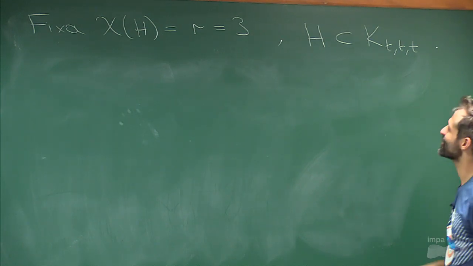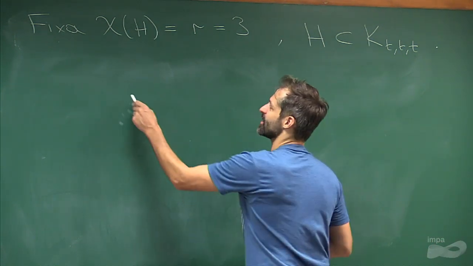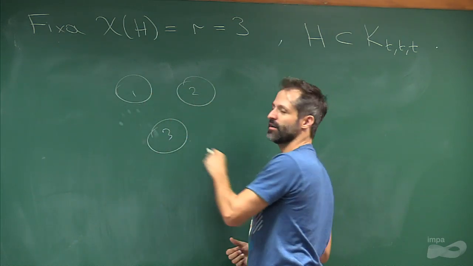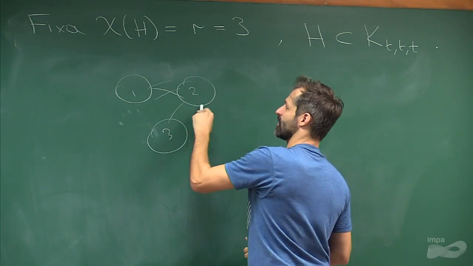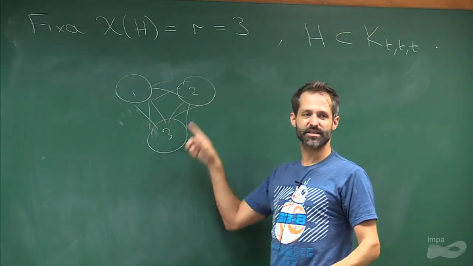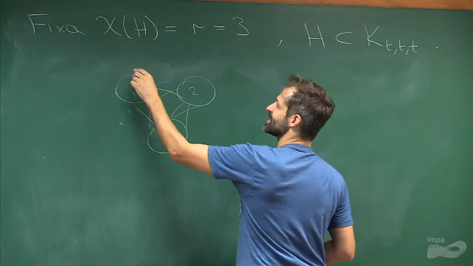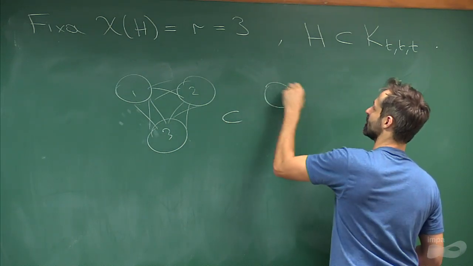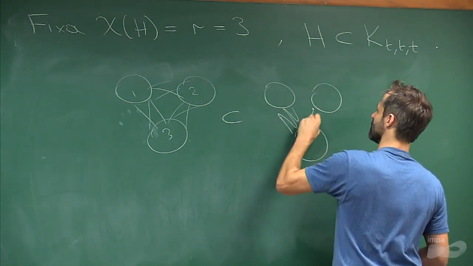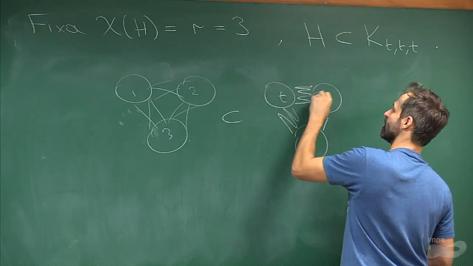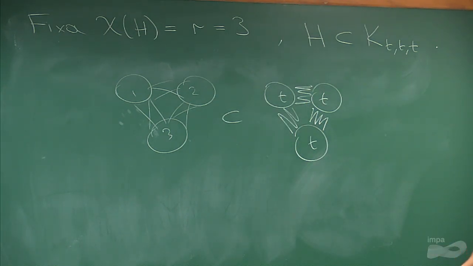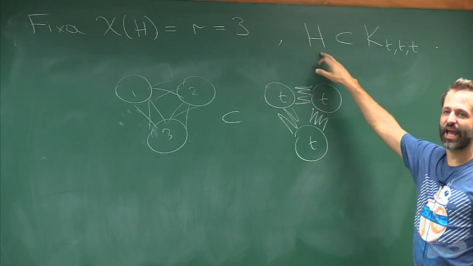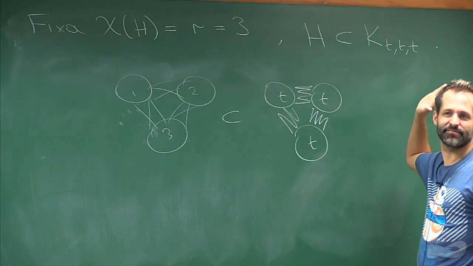Can you repeat it again? Yeah. This means that there's a coloring of H with 3 colors, 1, 2, 3, so that all the edges go in between the parts, with no edges inside. If we let t be the maximum of these 3, then H is contained in the complete 3-partite graph with t vertices in each part. Just a trivial observation. So instead of finding H, let's find K_{t,t,t}.